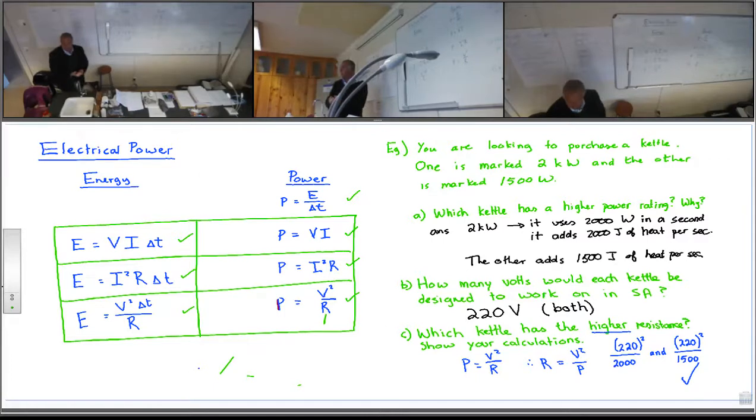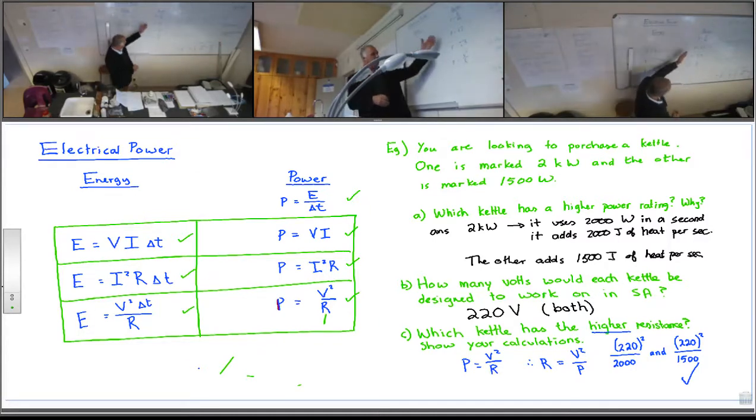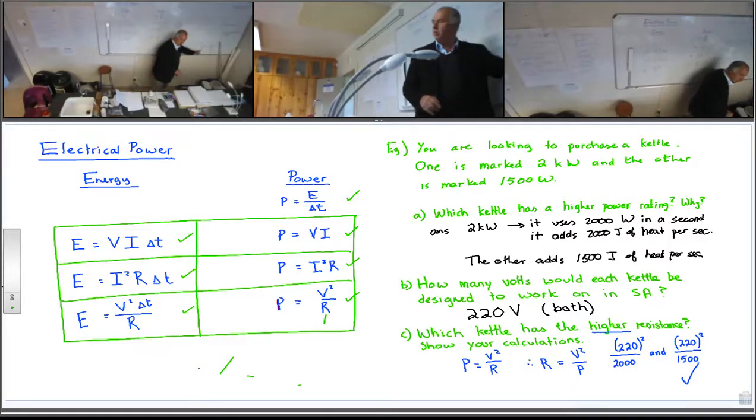You all with me? Okay, now the question I want to ask is, if I look at these formulae here, why does the one with the small resistance, which has a higher power, have that smaller resistance?